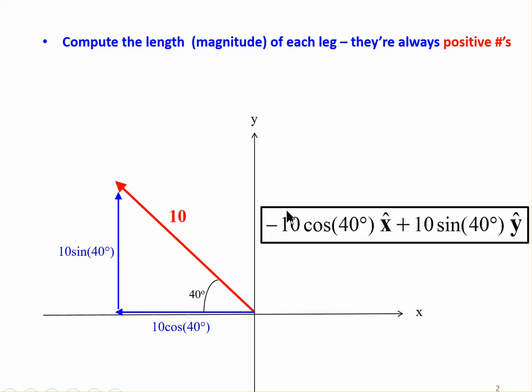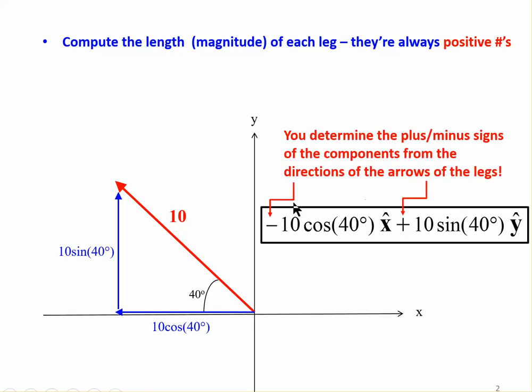I'm traveling this distance, so to speak, 10 cosine 40, but I'm moving in the negative x hat direction. Then I go here, and I'm traveling a distance 10 sine of 40 degrees, and I'm traveling in the positive y hat direction. So that's why this is positive y hat. So that's how you break the vector up into components.